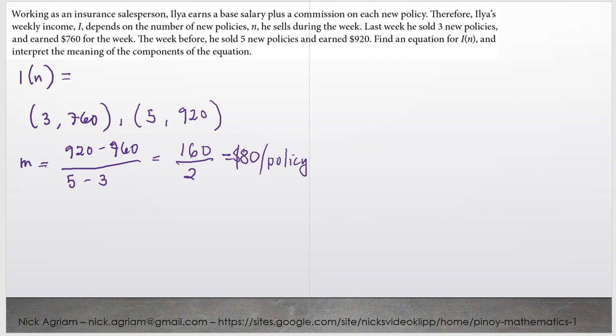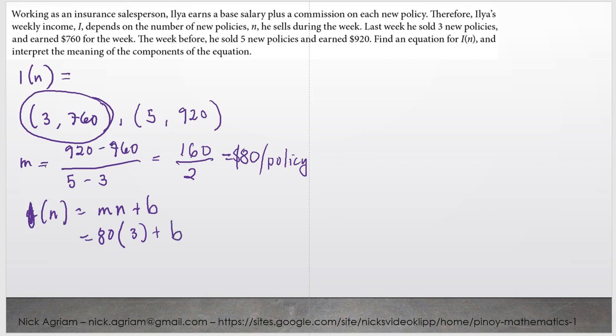And then we have I of n is equal to mn plus b. So we're going to solve for b. M is 80 multiplied by n. If we use this point, then we have 80 times 3 plus b, equal to 760. 240 plus b equals 760.